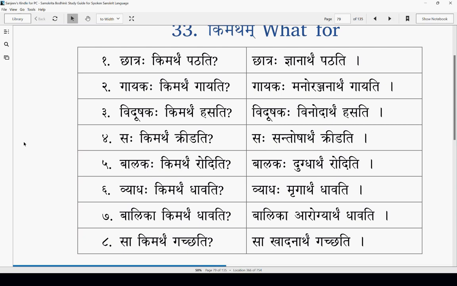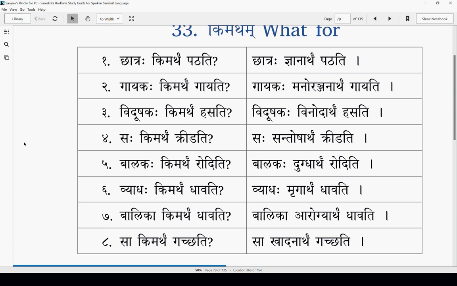Dugdhartham, for milk. So here we are adding artham in the sense of for that purpose. Why I am saying this is because it is Chaturthi related. Where we said Jnanartham, we can also technically replace that with the Chaturthi Vibhakti form. For example, Chhatraha Jnanaya Pathati, Gayakaha Manoranjanaya Gayati, Vinodaya Hasati. So it can be used. But this is another form, like Vyadha Mrugaya Dhavati.